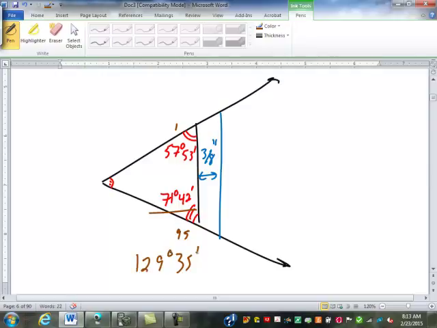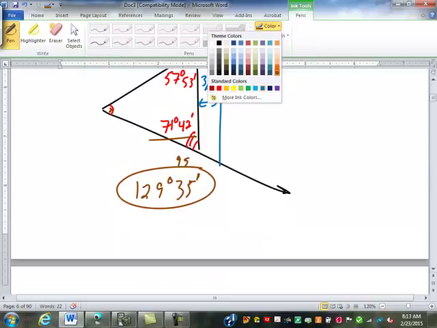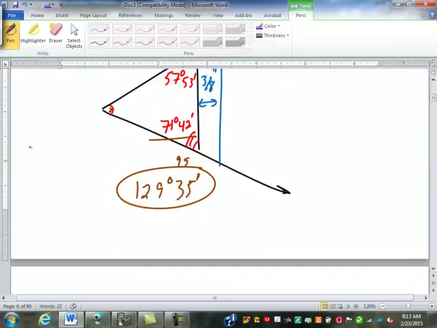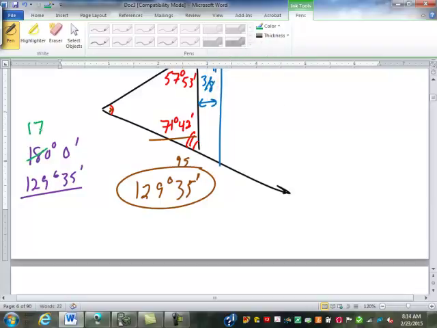So 129 degrees, 35 minutes. How do you find this one then? Subtract from 180. So we borrow again. This is 25 and 50.